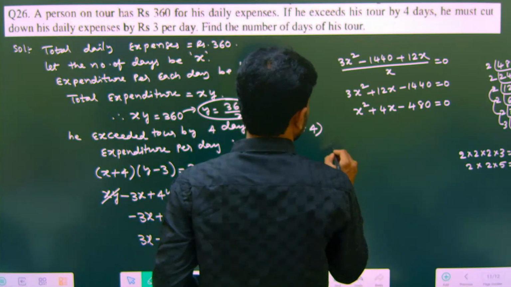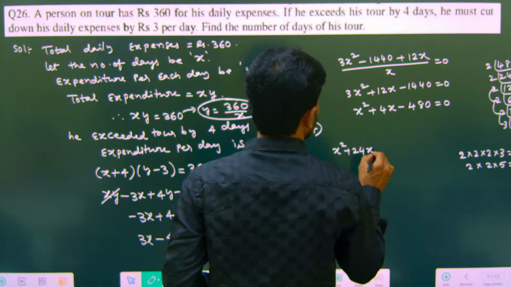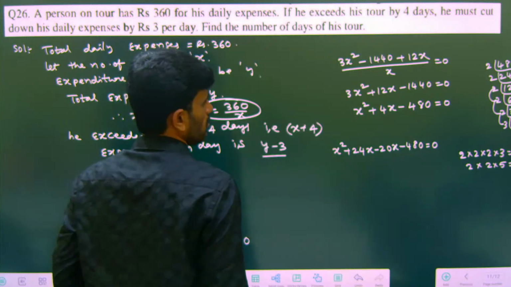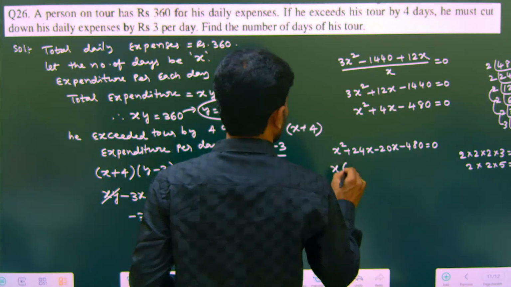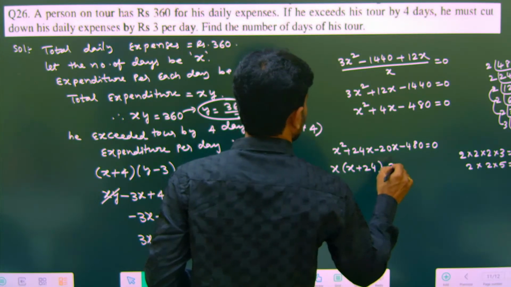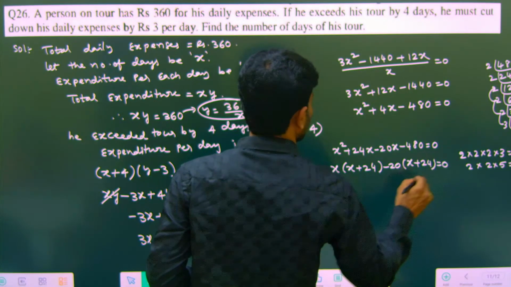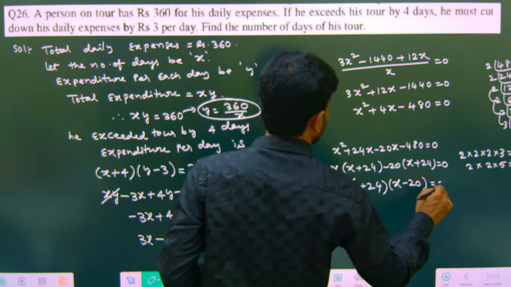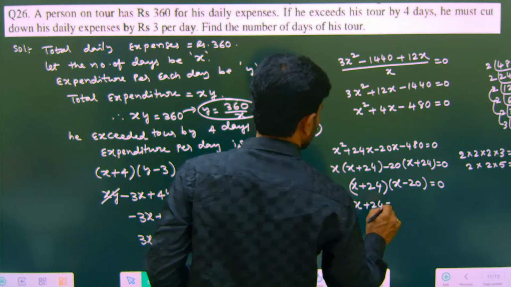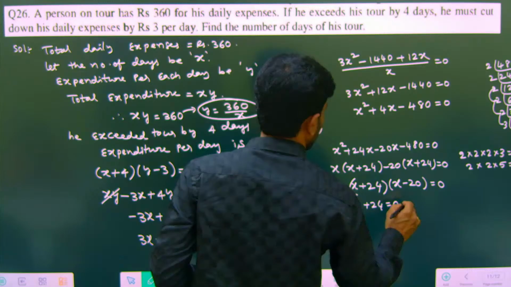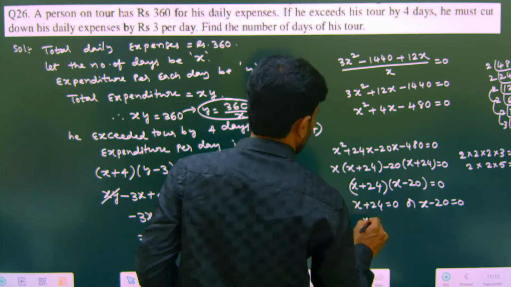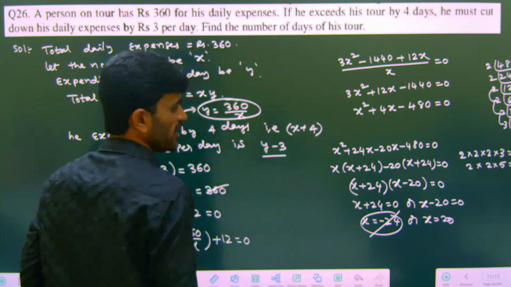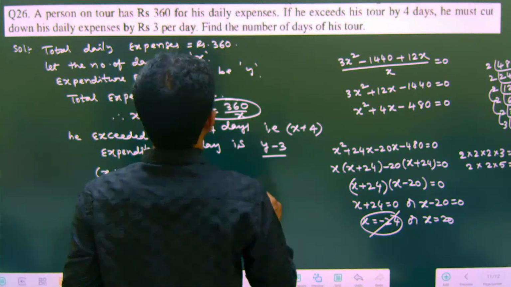So we can write x squared plus 24x minus 20x minus 480 is equal to 0. Then x into x plus 24 minus 20 into x plus 24 is equal to 0. So x plus 24 into x minus 20 is equal to 0. So x plus 24 is equal to 0, or x minus 20 is equal to 0. x is equal to minus 24, or x is equal to 20. We cannot take minus 24 here since it is the number of days. Therefore, the number of days is 20.